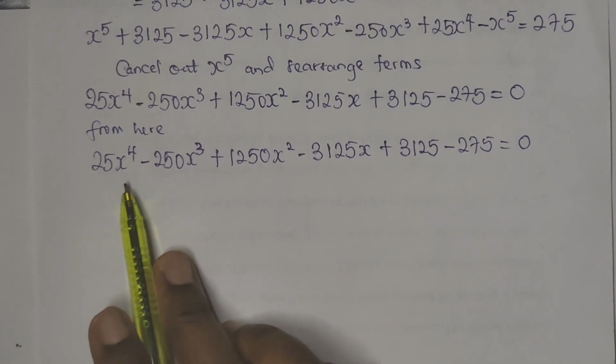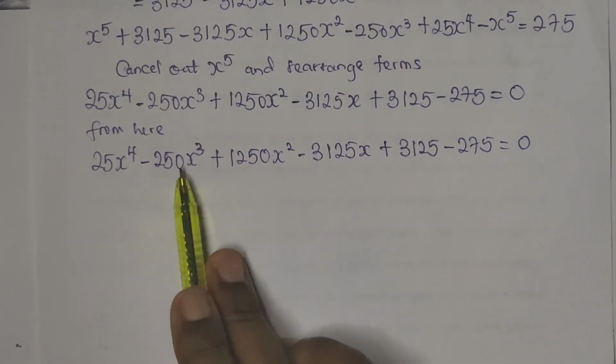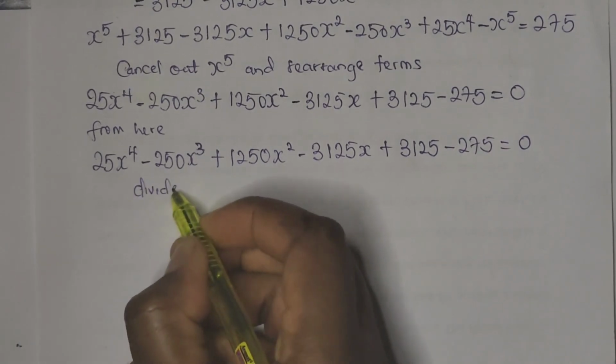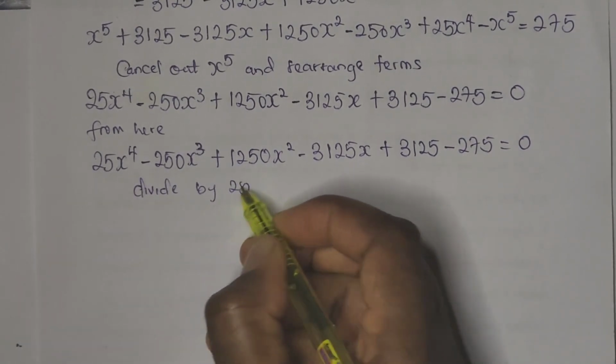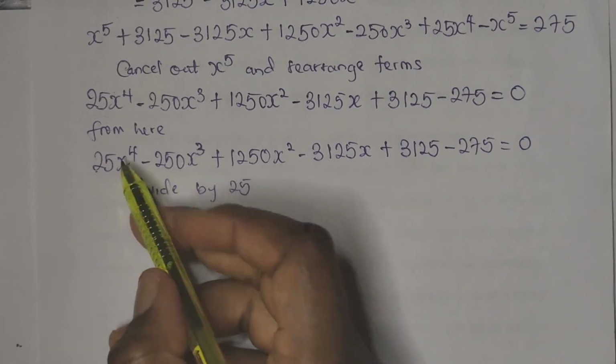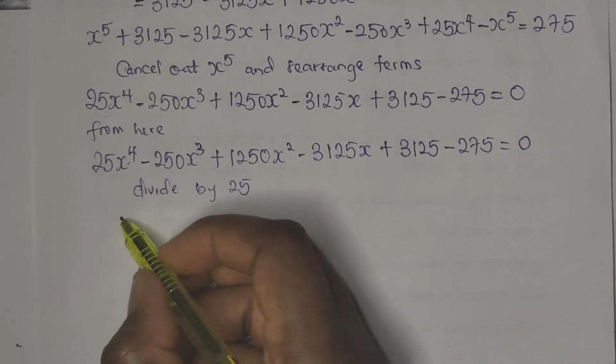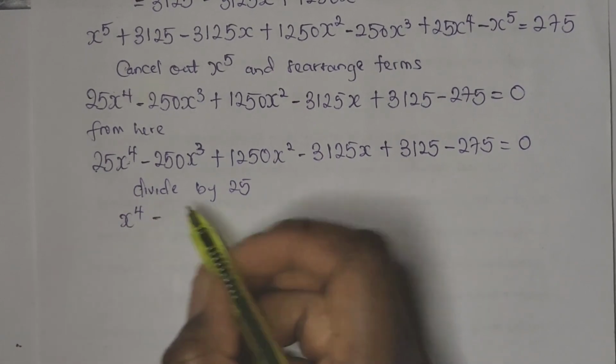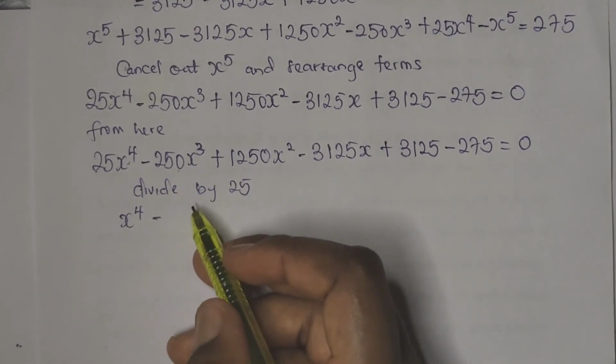So we are going to be dividing through by 25. Divide by 25. 25x to the power of 4 divided by 25, we have x to the power of 4, minus 250 divided by 25.